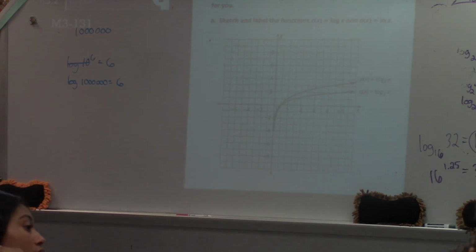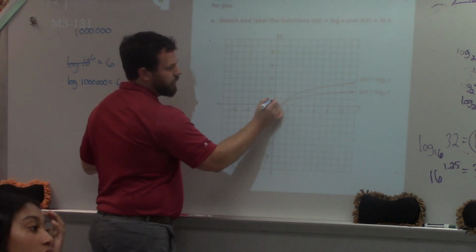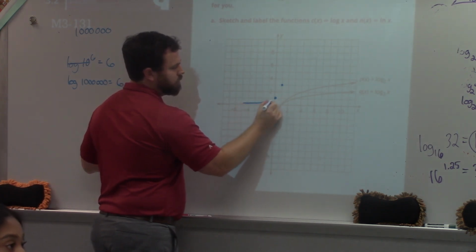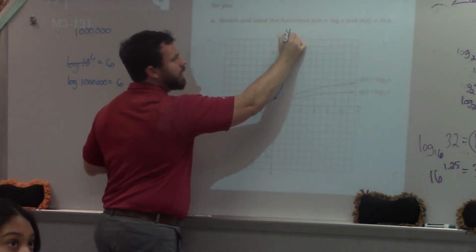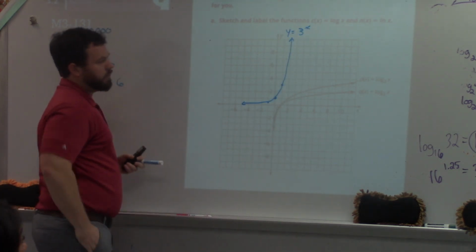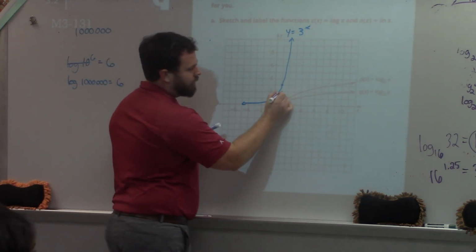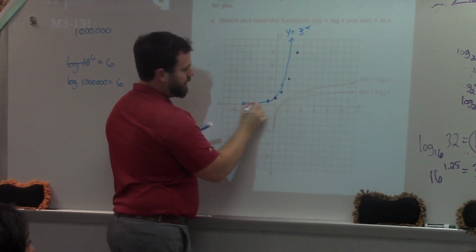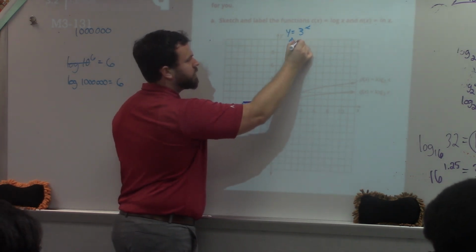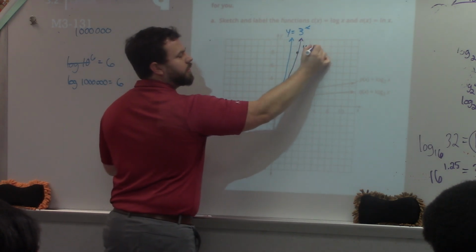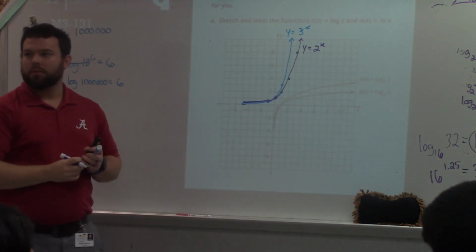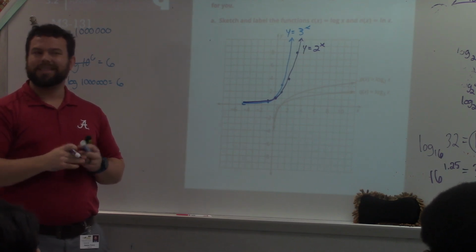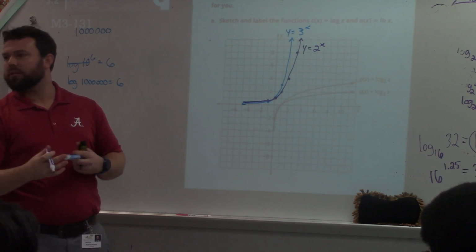The only thing I want to point out here, really quickly, is that this would be y equals 3 to the x right here. This would be y equals 2 to the x right here in purple. How do we know that this is y equals 2 to the x just glancing at it instead of 3 to the x? What should we notice about it? Which one's growing more quickly?